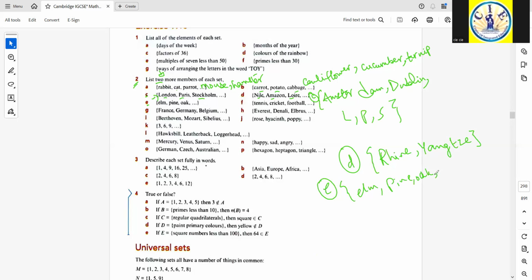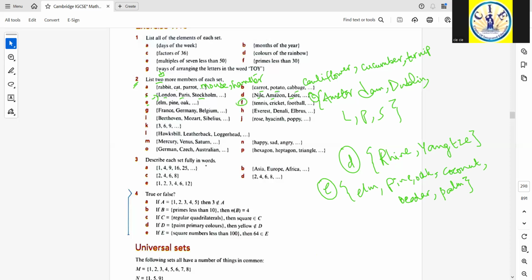We can have coconut trees. Pine is already there. We can have deodar trees. We can have a tree of any other kind. We can have palm trees, etc. We just need to include some of the trees.